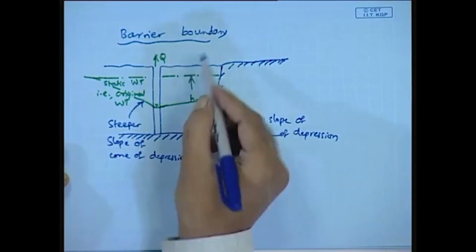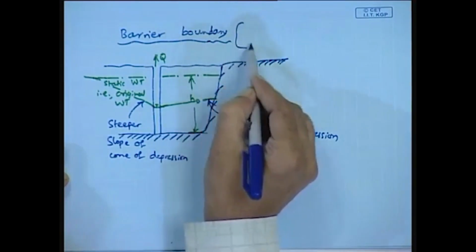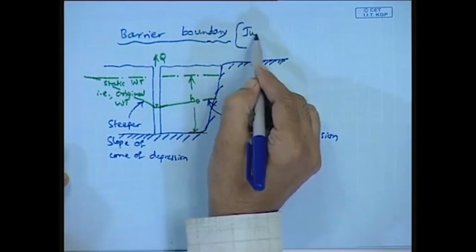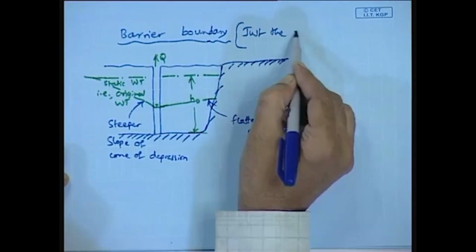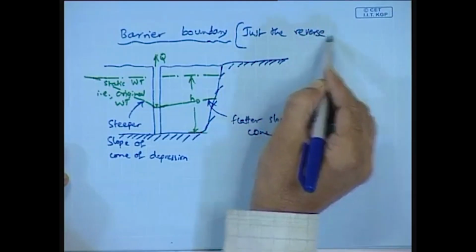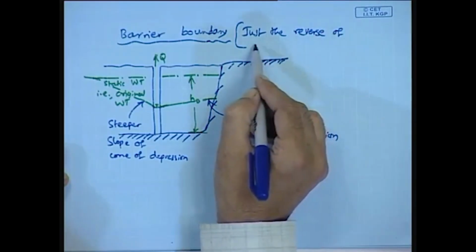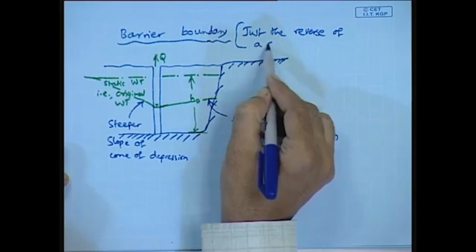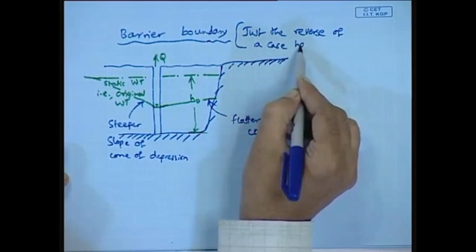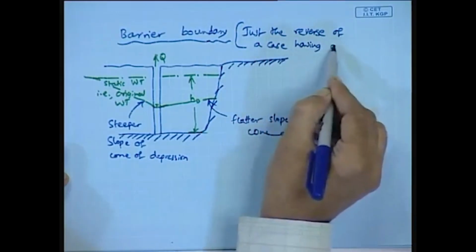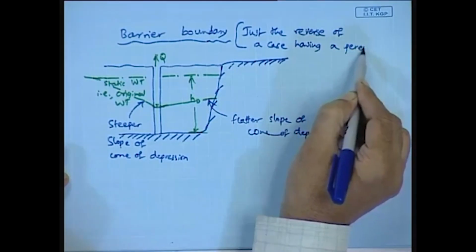So, this is just the barrier boundary, just the reverse of the case having a perennial stream.